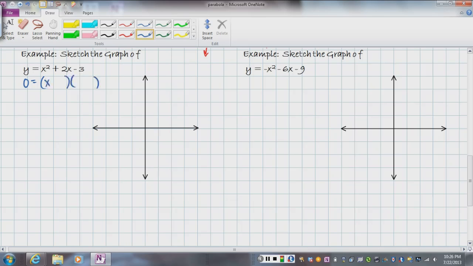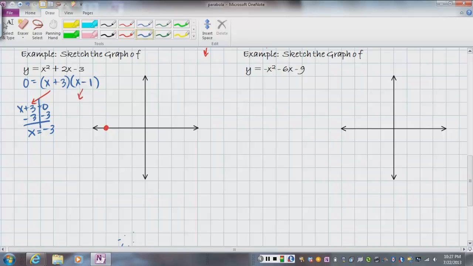This is going to be (x + 3)(x - 1), plus and minus. And we're going to set each factor equal to 0 using the zero product property here. And we find that x equals negative 3, which tells me that I have one of my roots right here at negative 3.